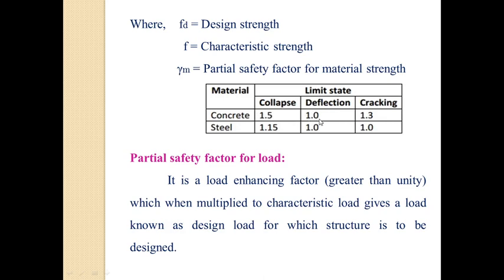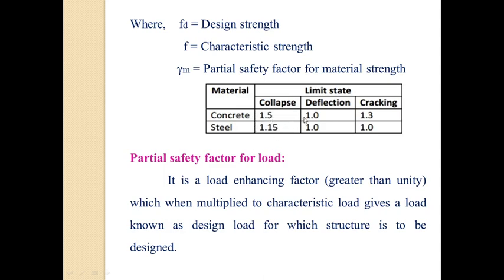In deflection it is 1, and in cracking it is 1.3. For steel, in limit state of collapse the partial safety factor is 1.15, in deflection 1, and in cracking also 1. These two factors, that is for limit state of collapse, 1.5 for concrete and 1.15 for steel, are very much important.